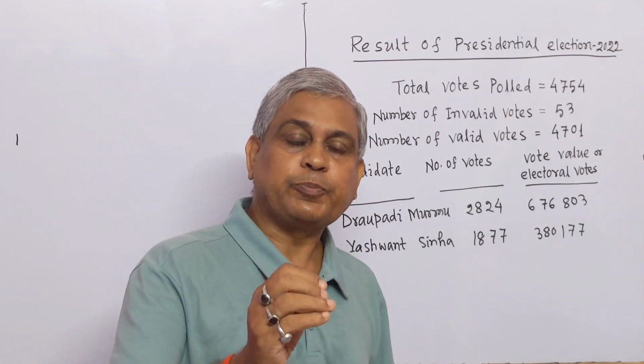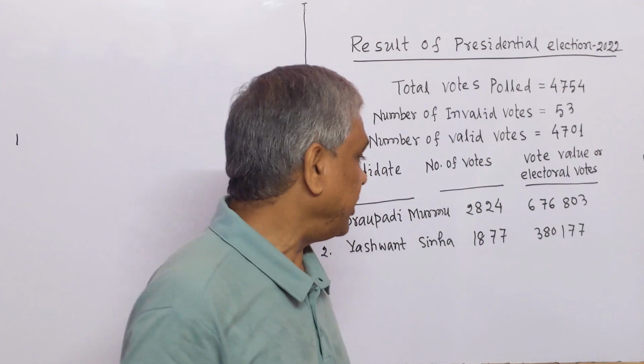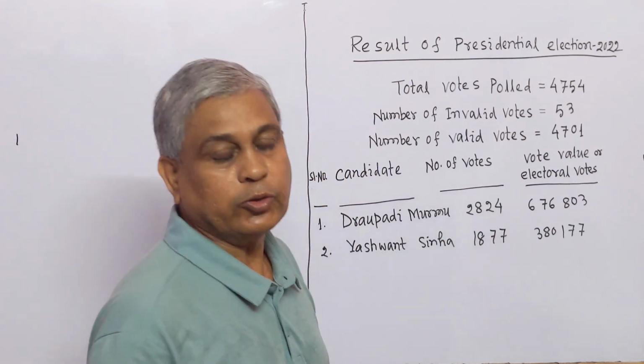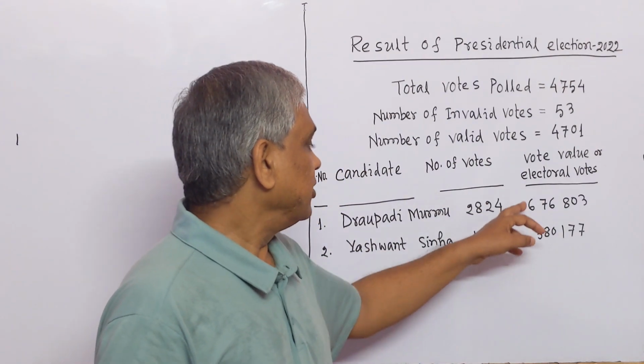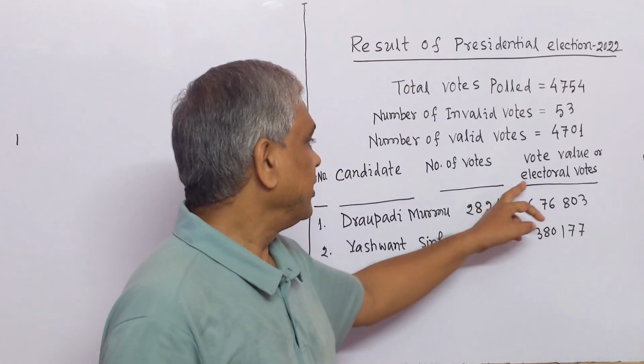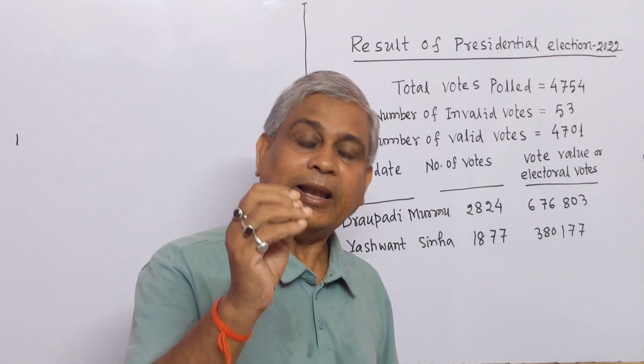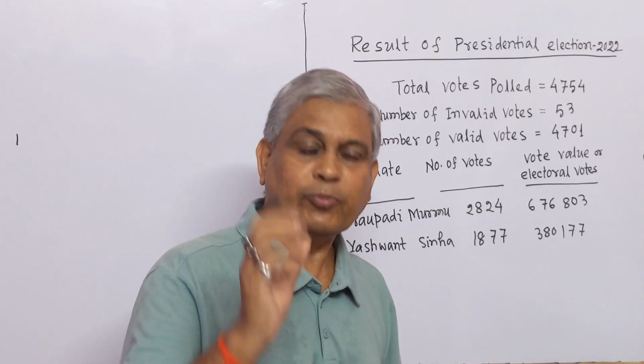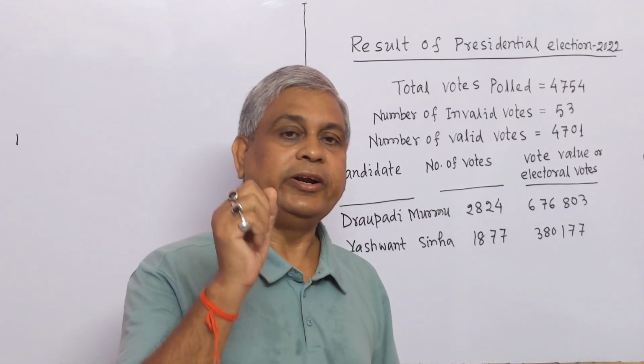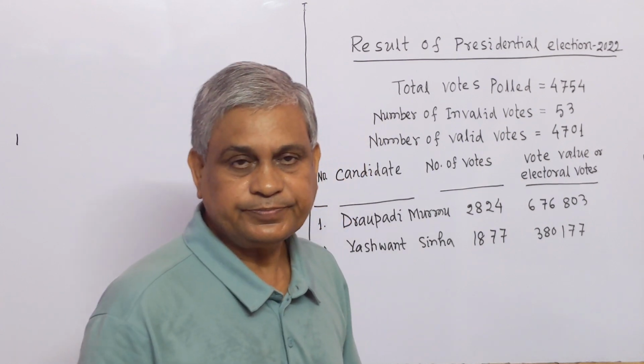But this column is the vote value, which is calculated through some formula. Now we will discuss this formula.